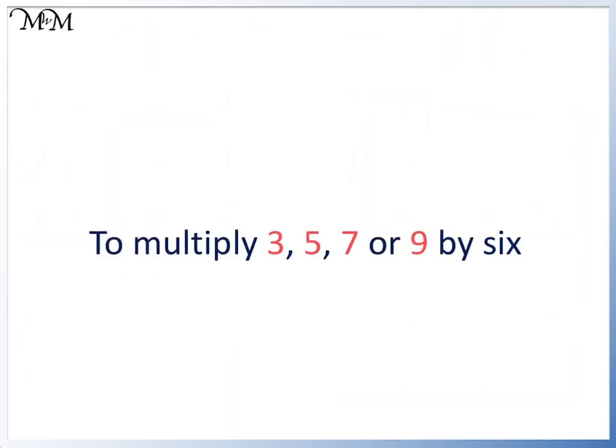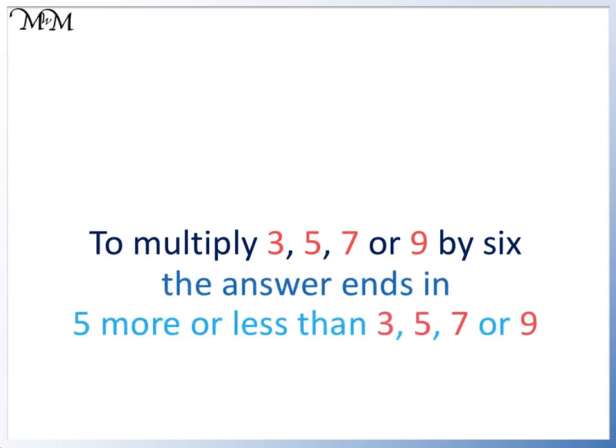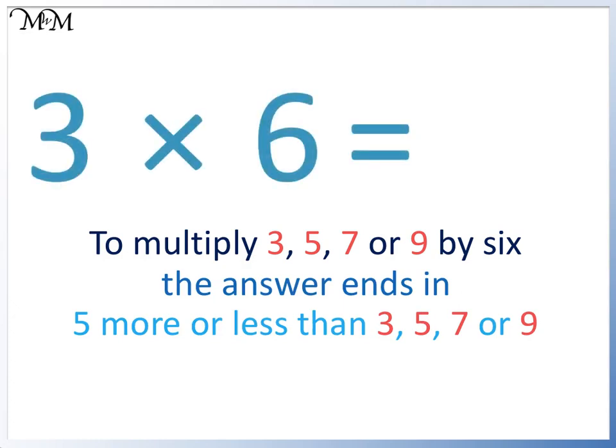To multiply 3, 5, 7 or 9 by 6, the answer ends in 5 more or less than 3, 5, 7 or 9. Here is 3 times 6. The answer ends in 5 more than 3, which is 8. 3 times 6 equals 18.